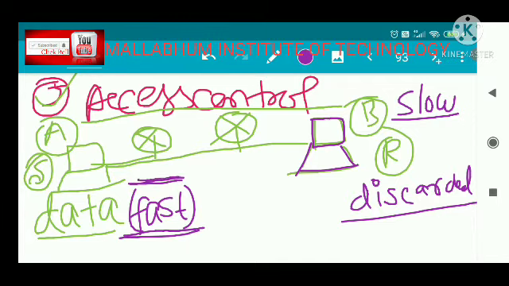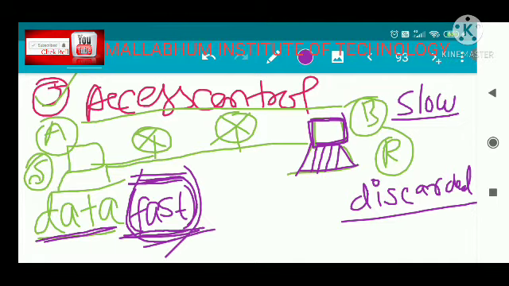If the receiver computer is very fast and the sender computer is slow, then there is no problem, because the receiver is always ready to receive the data. So we will only discuss the problem that arises when the sender computer is sending the data at a very fast rate, but the receiver computer is very slow to receive the data at that rate.